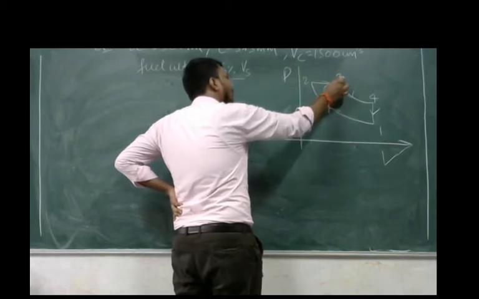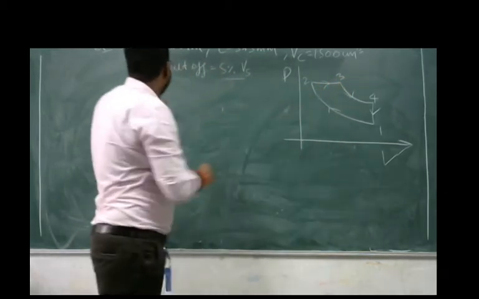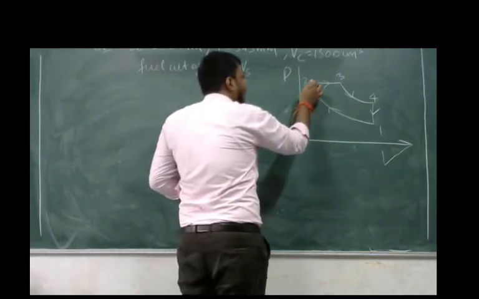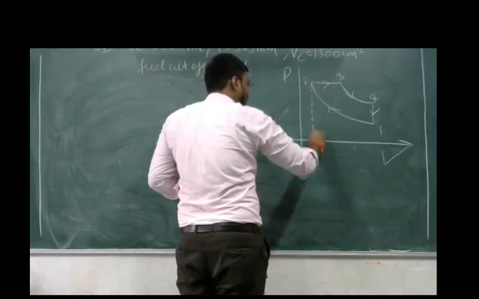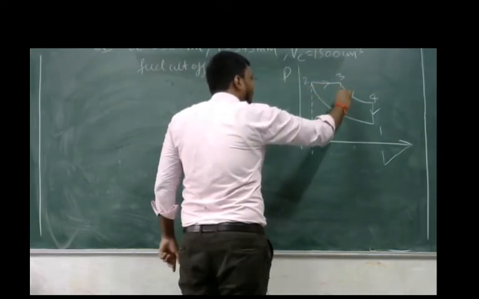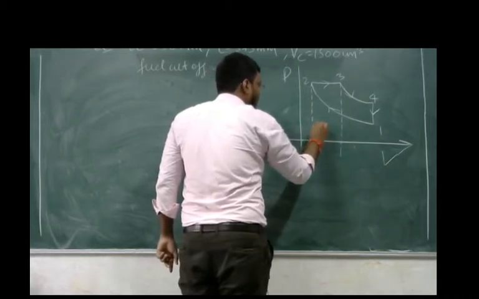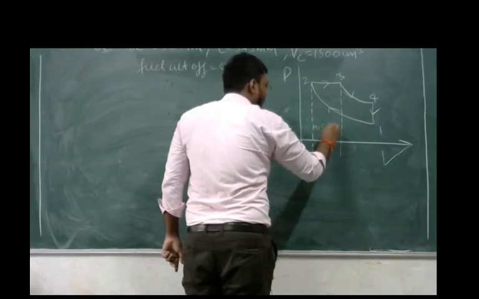It is given in the question that fuel cutoff occurs at 5% of VS, between 2 and 3.